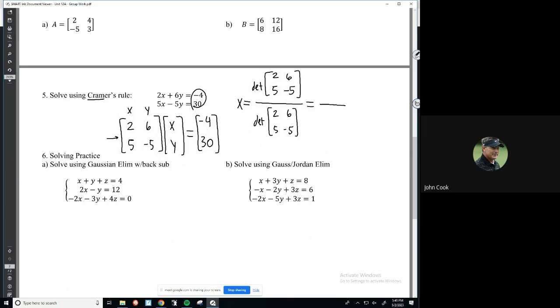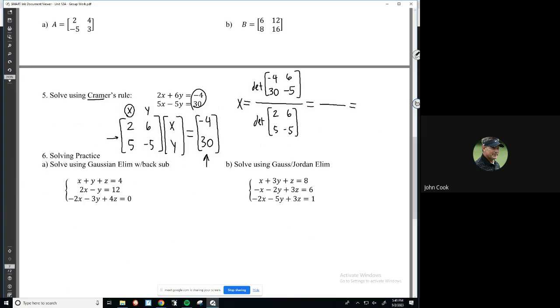Since I'm solving for x, I replace the x column with what we call the b values, or the solution values. So I'm going to replace that 2 and that 5 with a -4 and a 30. Then I'm just going to calculate the determinants and simplify this fraction. That's what my x value is going to end up being.